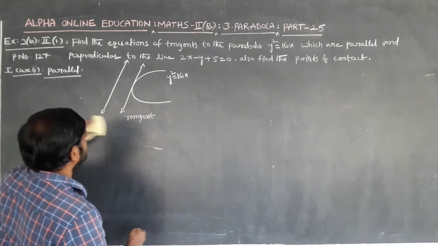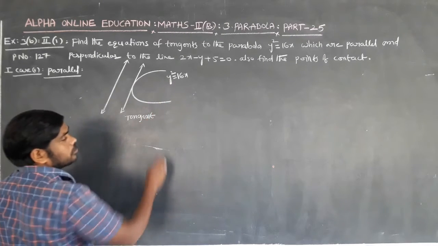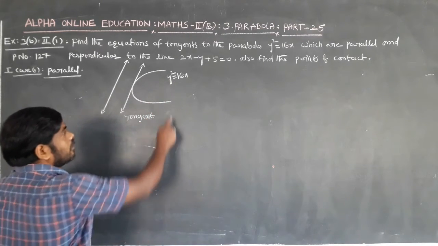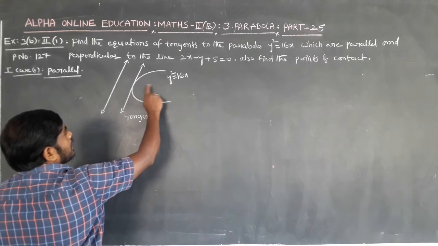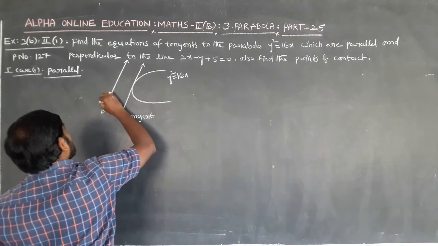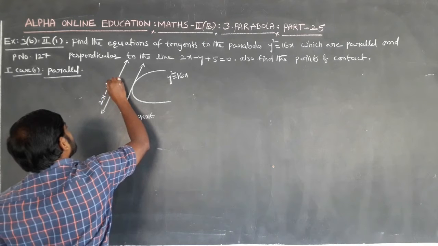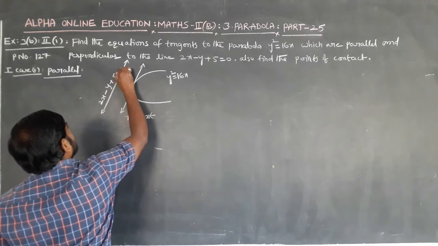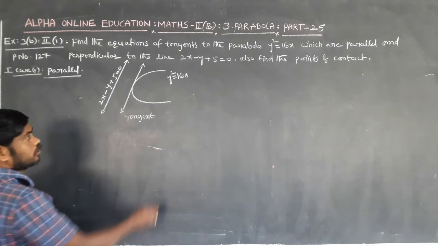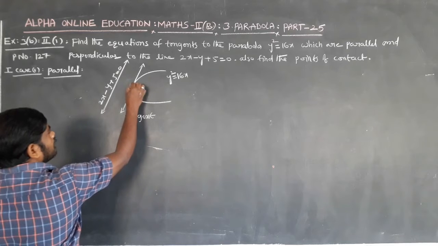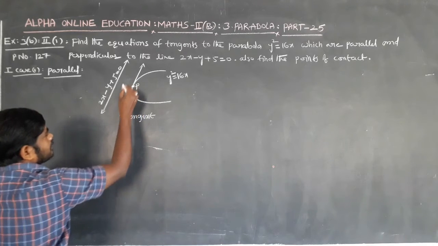Find the equation of the tangent to the parabola y square is equal to 16x which are parallel to 2x minus y plus 5 is equal to 0, and also find the point of contact.